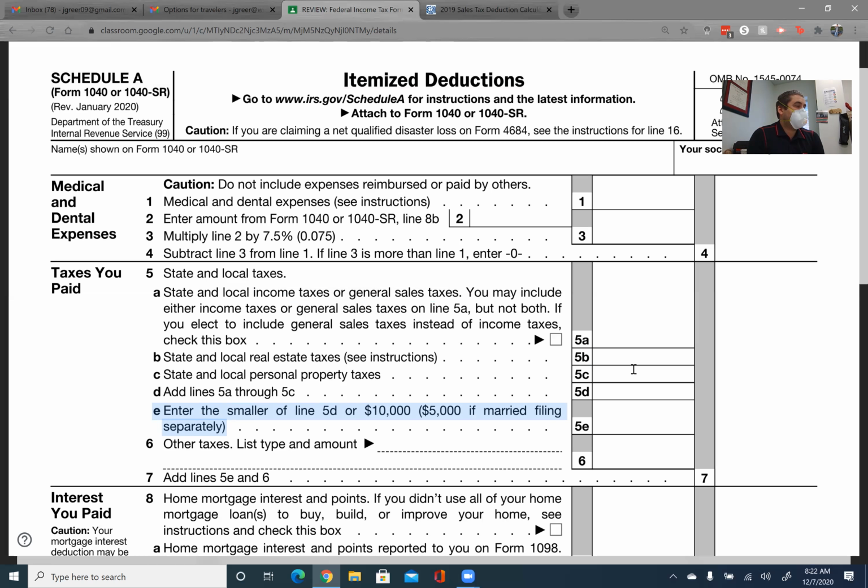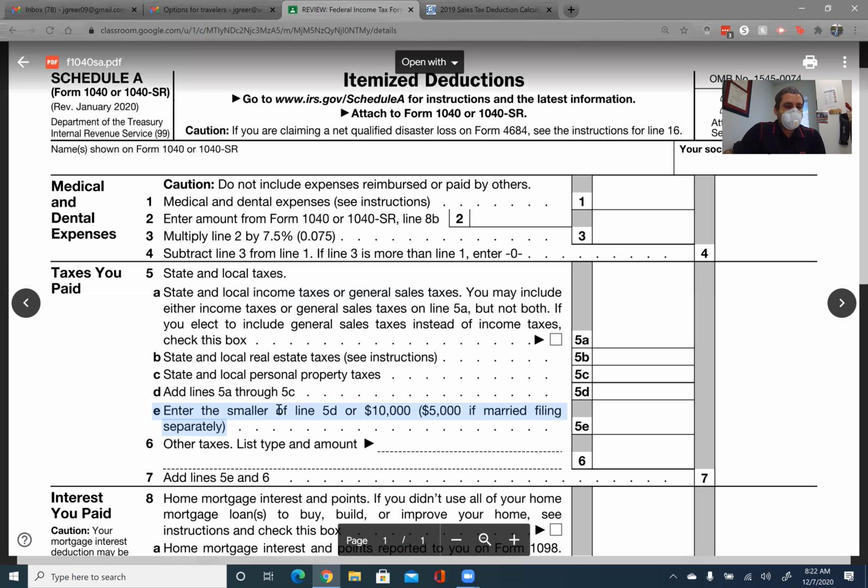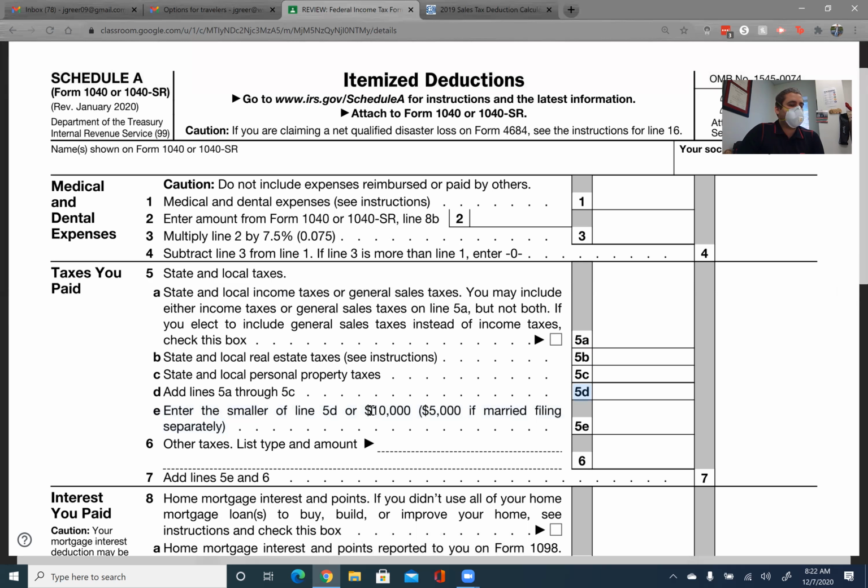prior to 2017, you could deduct all that $12,000. Now you're limited to 10. So you lose that $2,000 extra. But all you're going to do here in E is compare what's in 5D to $10,000. Whichever one is less, you put in.